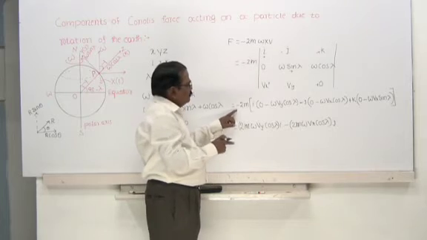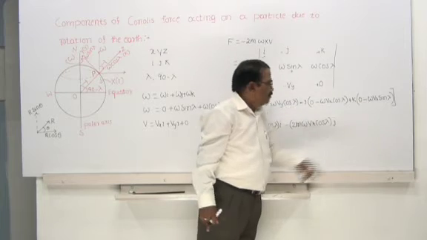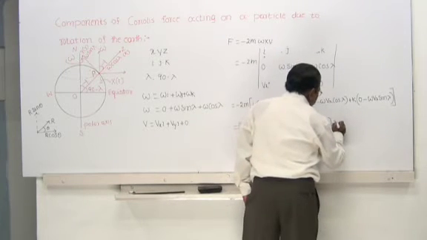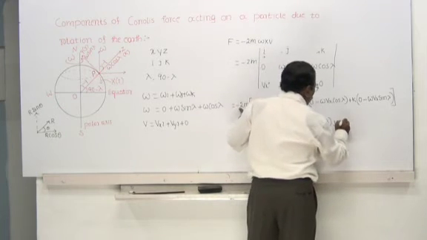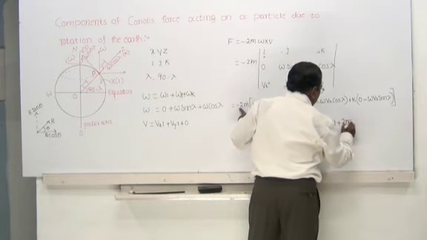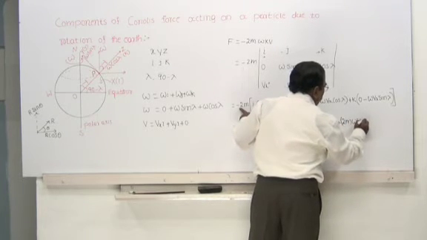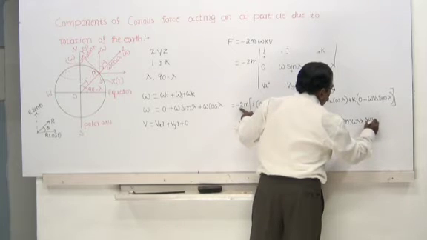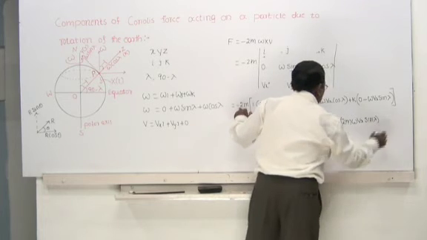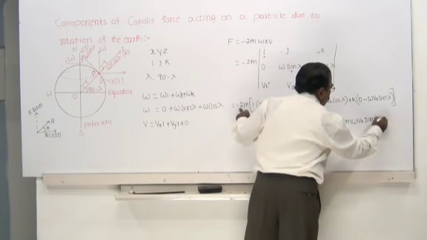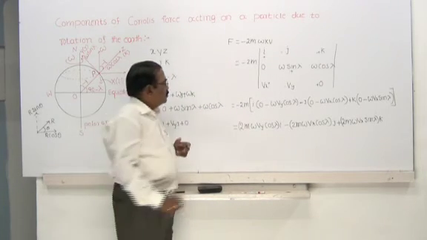Then this is minus into this minus is plus. It is 2m omega Vx sin lambda, of course this is k. Now I have the three components of the force.